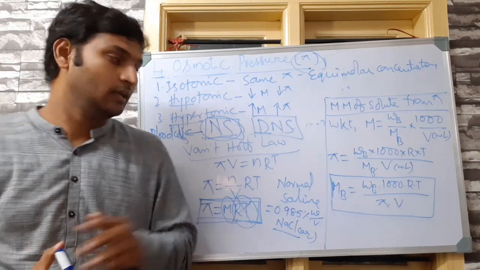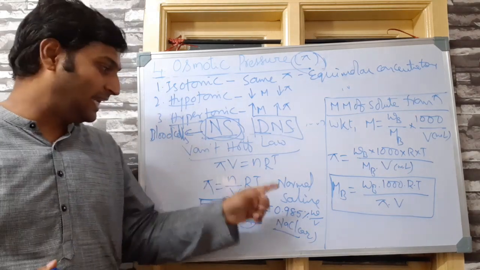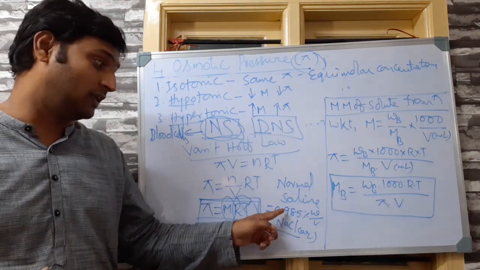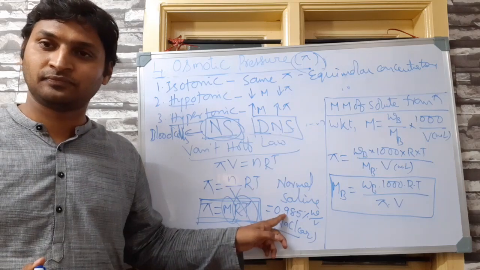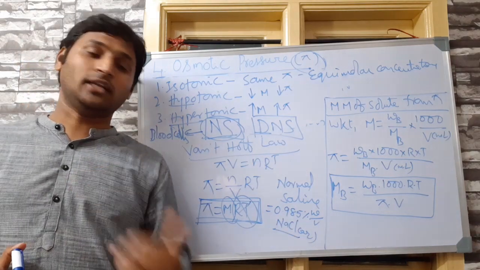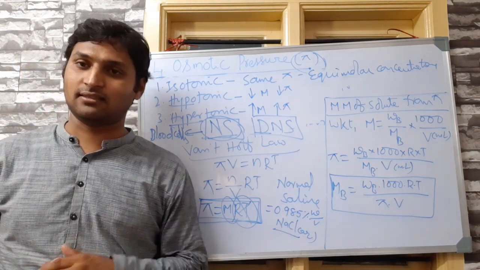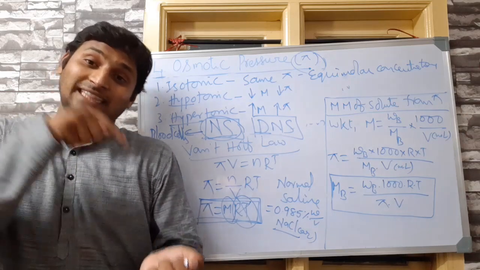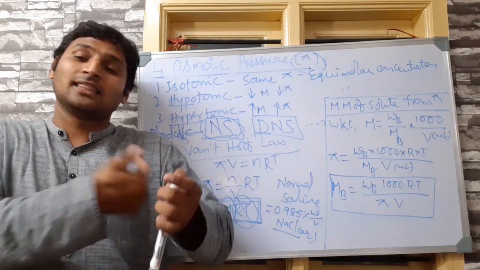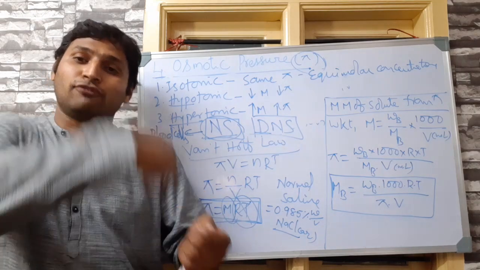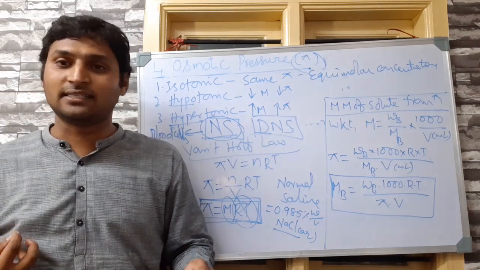Case 2. You have taken a lower concentration of normal saline than this prescribed value. Means you are injecting saline water whose concentration is less than this. Then again, this becomes hypotonic, the blood cell becomes hypertonic, and the water continuously flows from saline into the blood cell.